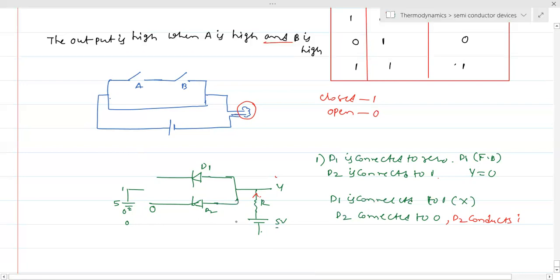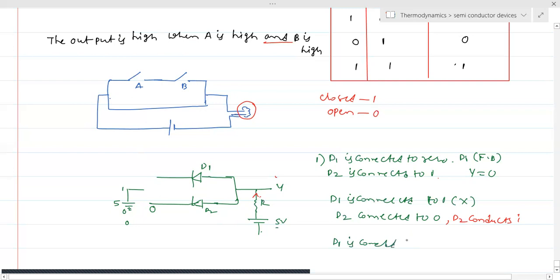The last case we are taking is D1 connected to 1 and D2 connected to 1. Then what happens here? We can see 1 means 5 volts.